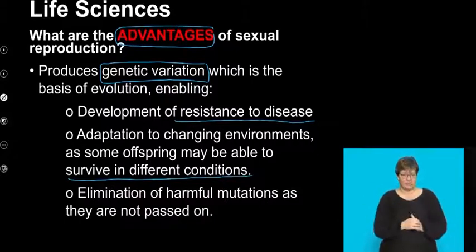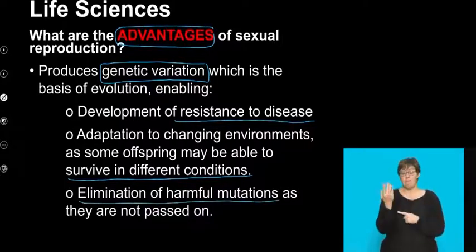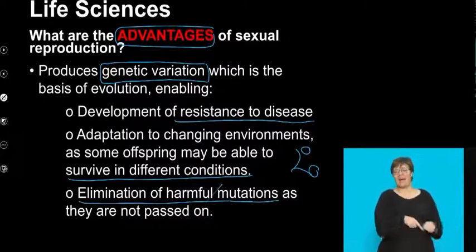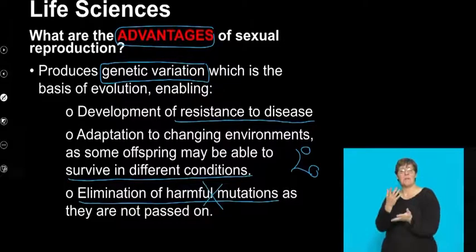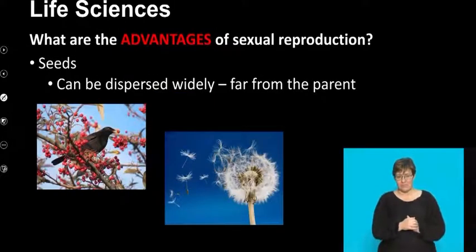Also, maybe the plant did have a harmful mutation, but as soon as you bring in a male and a female, you're not reliant on just the one. It's quite possible that we can eradicate that harmful mutation. We don't pass it on, and it's gone. Whereas in mitosis and asexual reproduction, we're definitely going to pass that on.